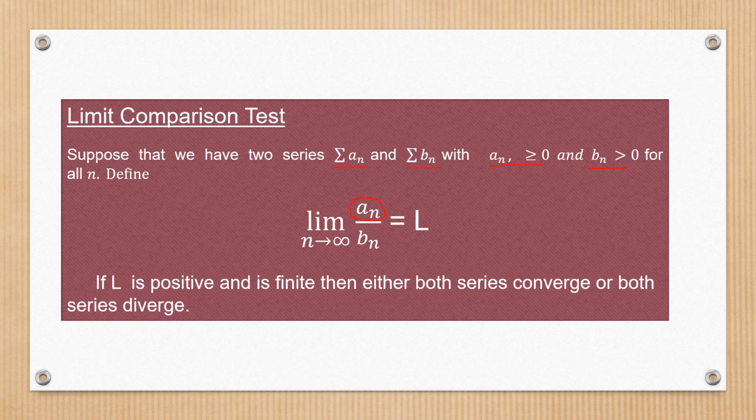For BN, we have to have a value greater than 0, because it is in the denominator. We define the limit of AN over BN as n approaches infinity equal to L. If L is positive and finite, then either both series converge or both diverge.